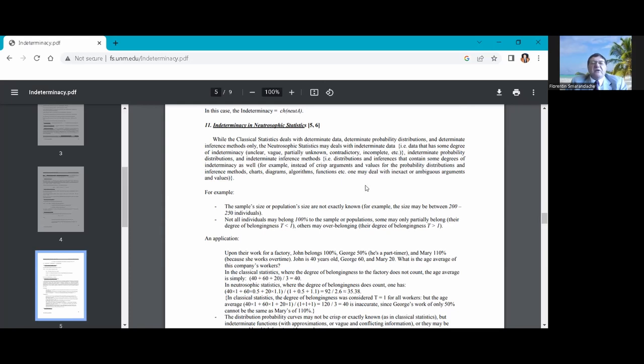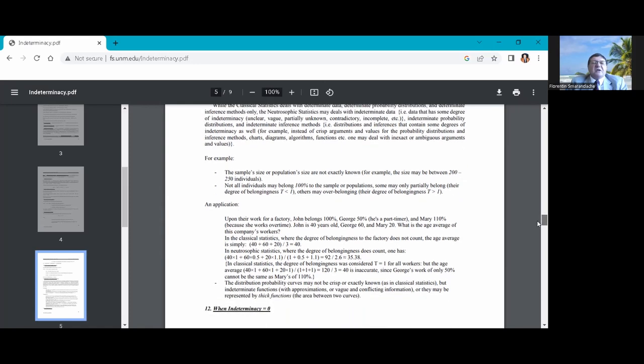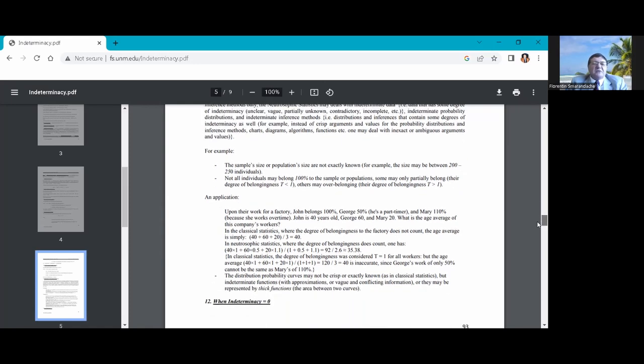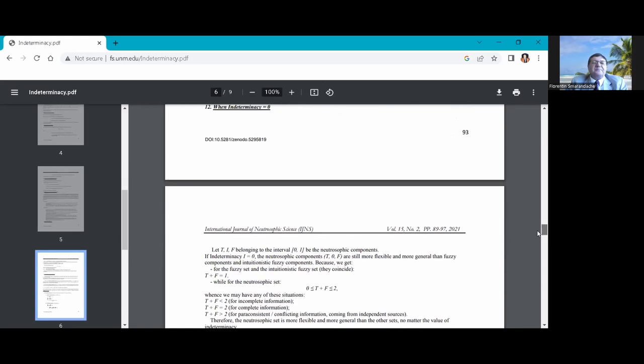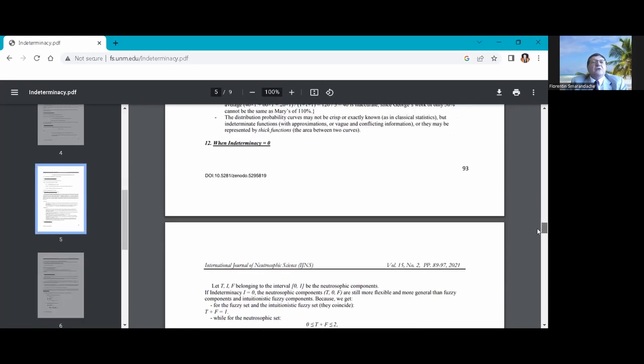It can be approached, for example, by hesitant sets, or by imprecise probability functions, and so on. So it was necessary to use indeterminacy. Neutrosophic sets, logics, probability, and statistics also work when the indeterminacy is zero.